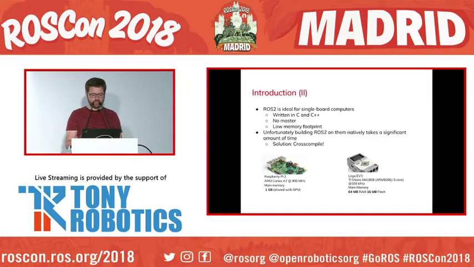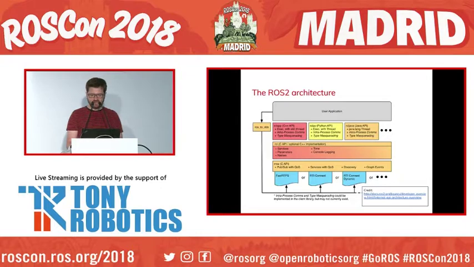I stepped back and looked at the big picture, precisely this big picture, which I'm sure you have seen many times already. So ROS2 structures each component in separate layers. It's like a lasagna, which doesn't mean that I'm saying that ROS1 is spaghetti.